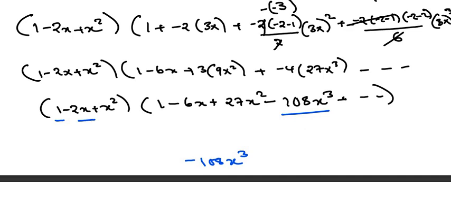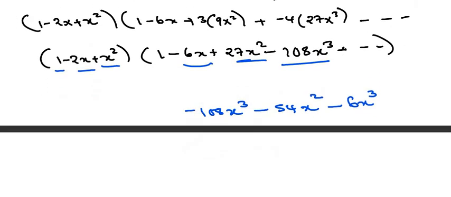Again, I'll multiply this guy and that. That's going to give us -54 x to the power 2. Then I'll multiply this guy and that. That's going to be -6 x to the power 3. Just focus on the parts that when multiplied give you x to the power 3. That's what we want.